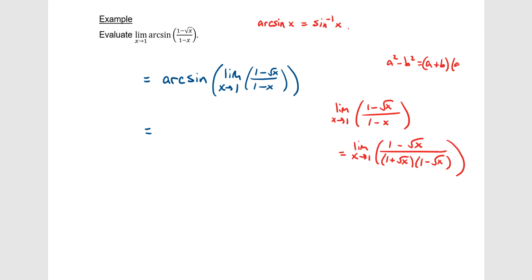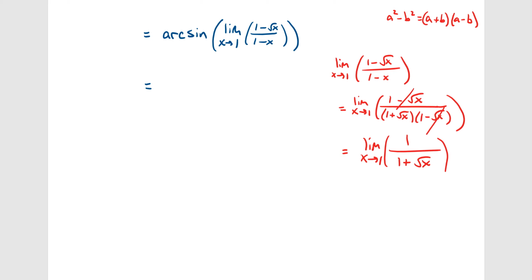It just looks more confusing because we have a square root in there. So now we can cancel those two common factors. We're left with the limit as x approaches 1 of 1 over 1 plus radical x. We can directly substitute now. That's 1 over 1 plus radical 1, which is 1 half.